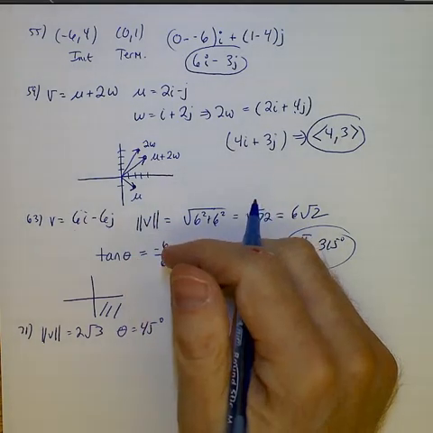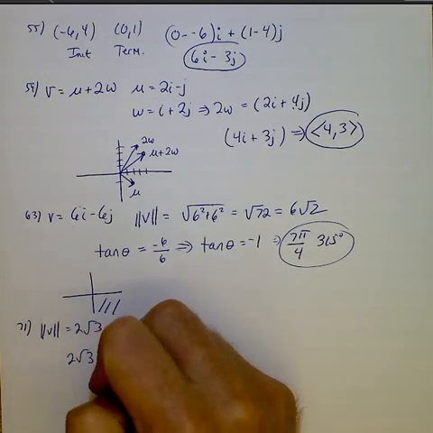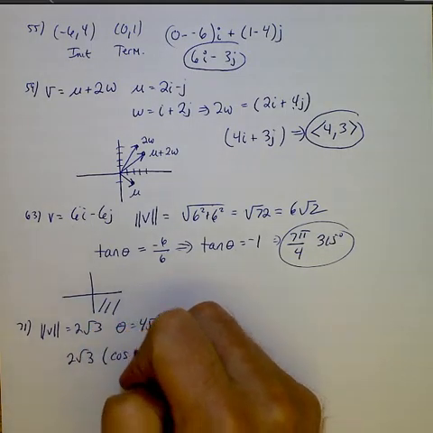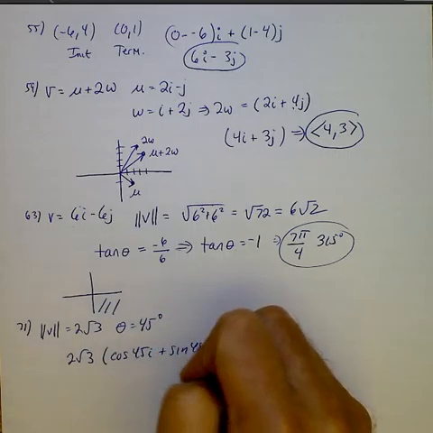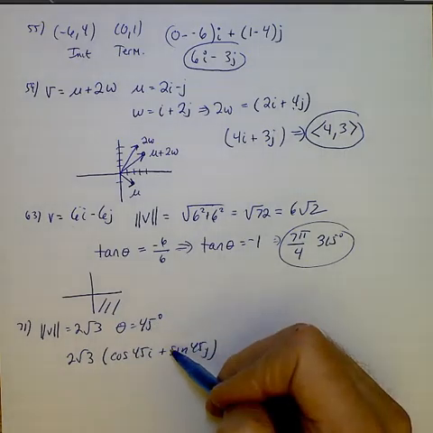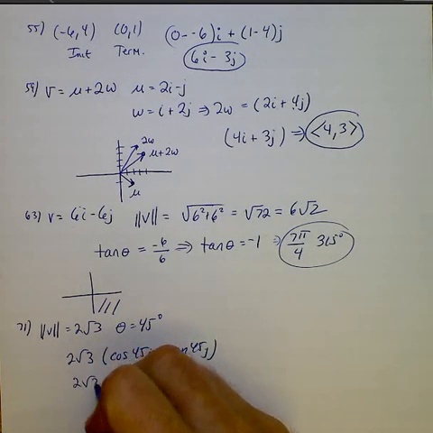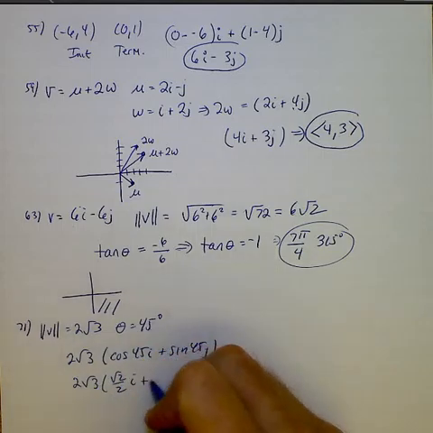To find the component form of v, we take 2 root 3 times cosine of 45 i plus sine of 45 j, because we're told that our angle is 45 degrees. The cosine of 45 is root 2 over 2, and the sine of 45 is root 2 over 2.